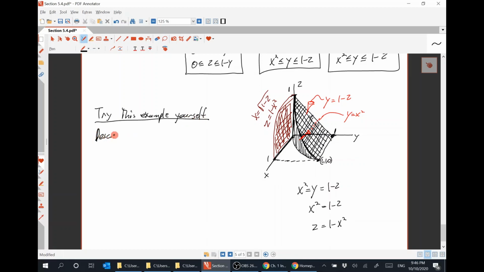Describe the region as above in 6 different ways.